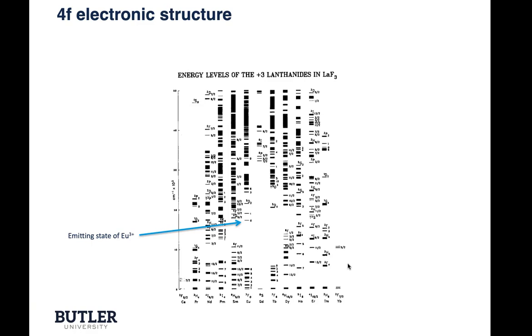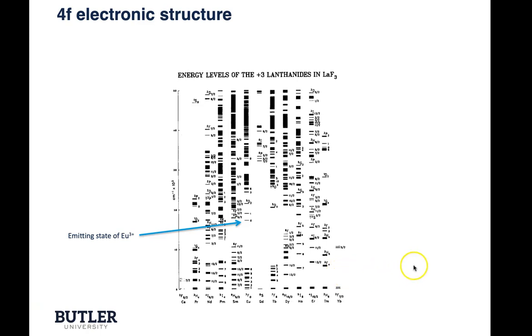And this diagram, this figure here, is the classic. It's general to all of the lanthanide series, the 3+, and gives you an idea of all of these states. And these are all of the term symbols, and not even split out in terms of their mJ. So you can see the large density of excited states that you can get.